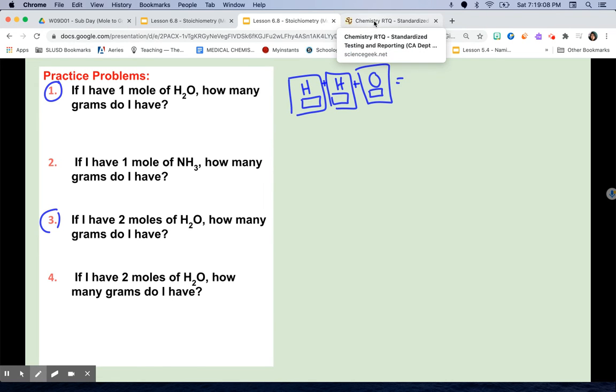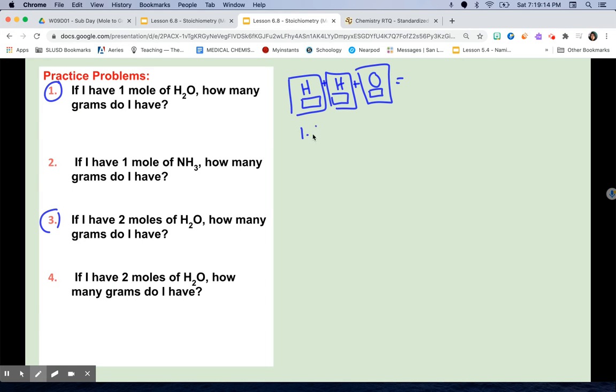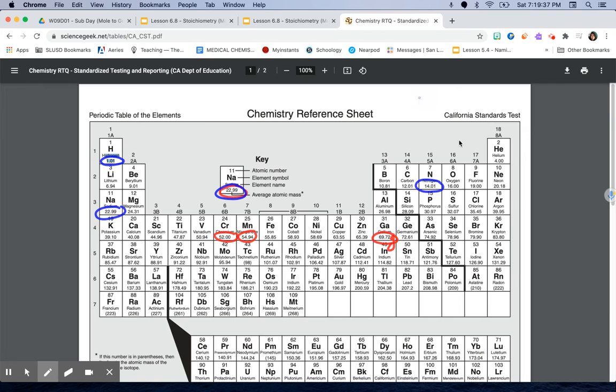So if I look up hydrogen, hydrogen's mass is 1.01. So it's just going to be 1.01 times my subscript 2. You can also add them up together if that works for you. I just like to multiply. Plus O. What is O?